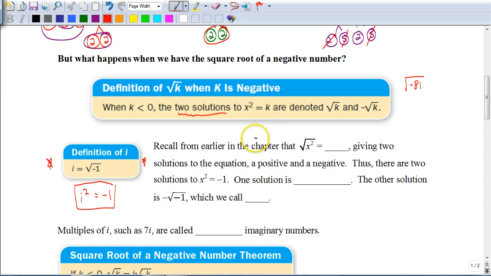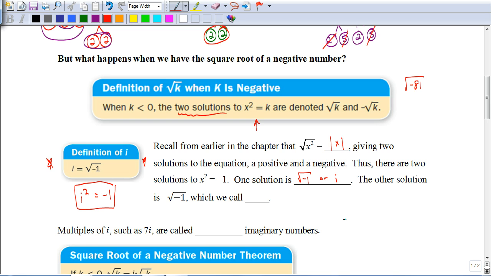Now, this paragraph here ties into this first box. Recall from earlier in the chapter that the square root of x squared is the same as the absolute value of x, meaning that we're going to end up with two solutions, a positive and negative. So when we have x squared equals negative 1, one solution is going to be a positive square root of negative 1, or just i.